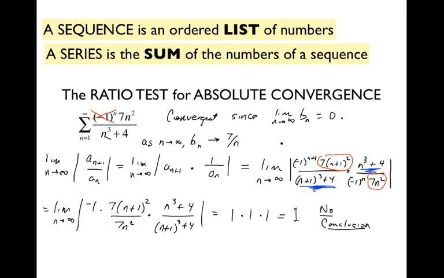So conditionally convergent or absolutely convergent? What does this do? Converge or diverge? That's the divergent harmonic series, 7 times the harmonic series, which is divergent. Therefore, conditionally convergent by the alternating series test.